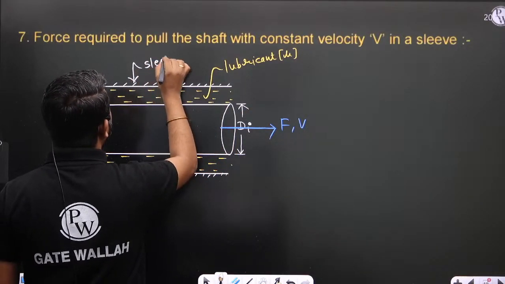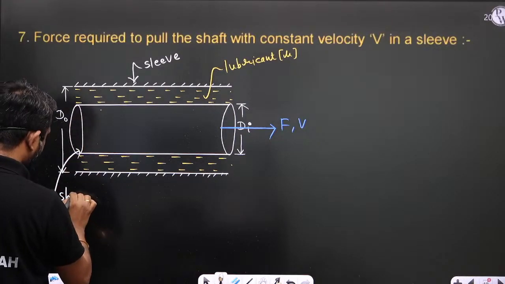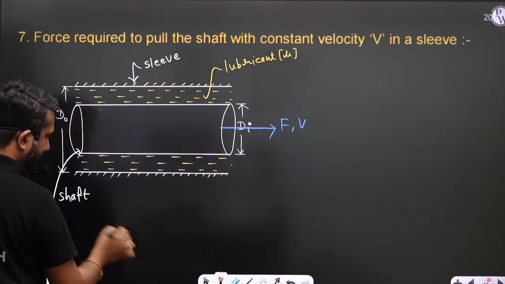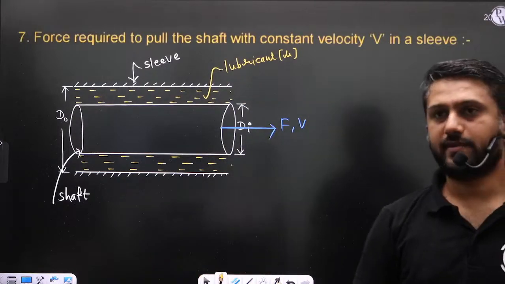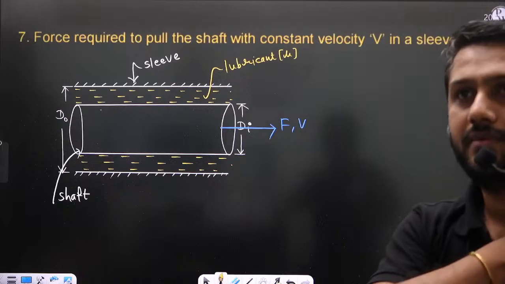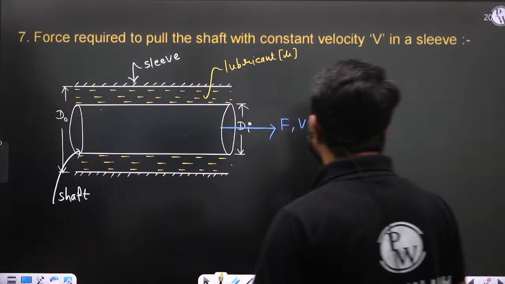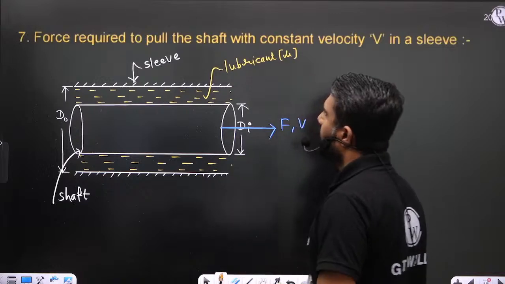This is the sleeve, this is the shaft. What is my objective? My objective is calculation of F. It is very simple.